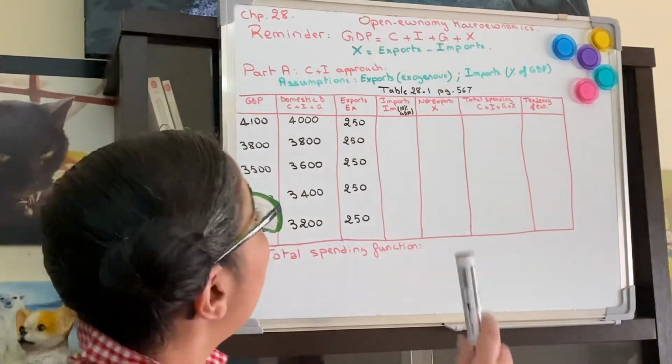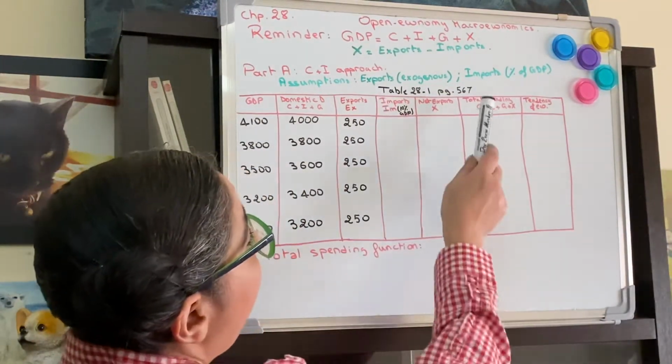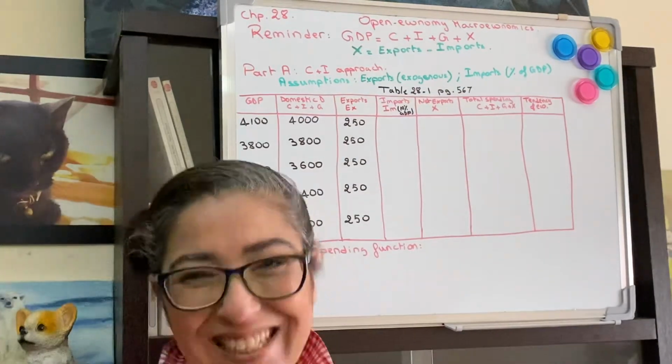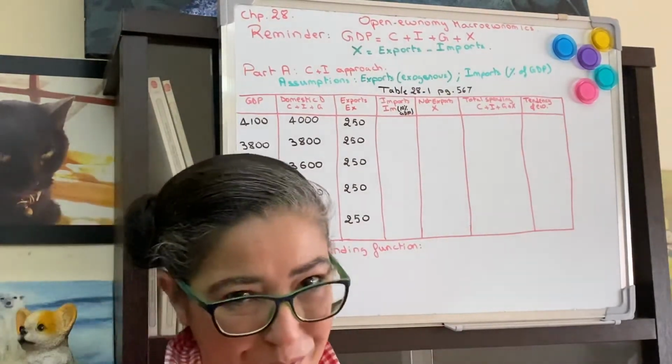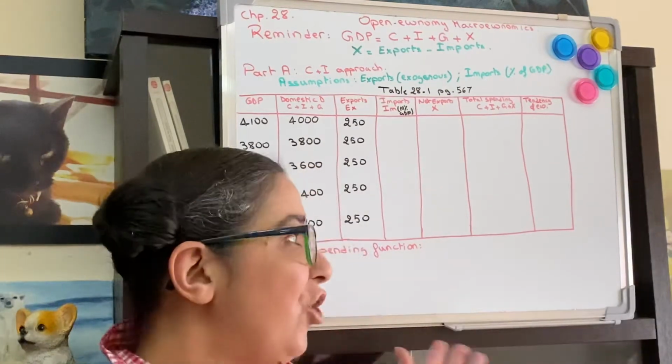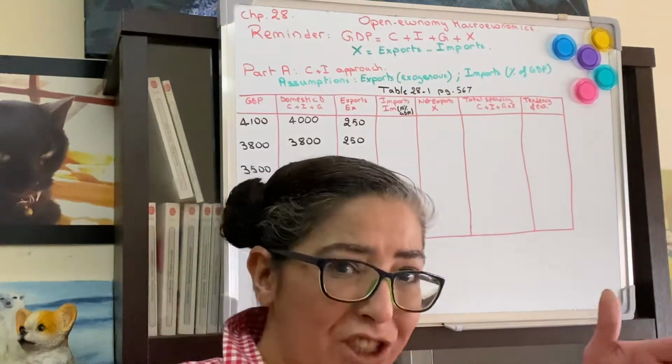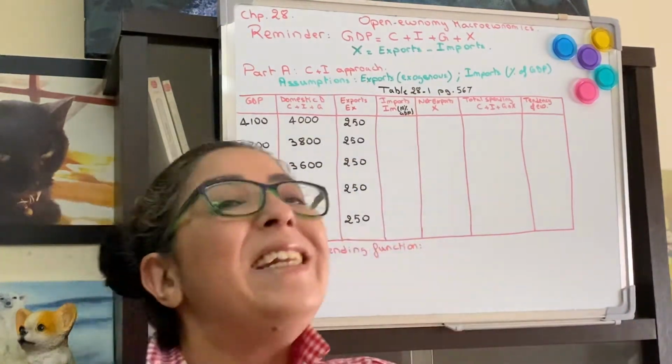You can find this table on page 567, chapter 28, it's table 28.1, okay? I put this chapter before the others because we're still in the multiplier, so I want to do them one after the other. This way you don't forget and then come back.